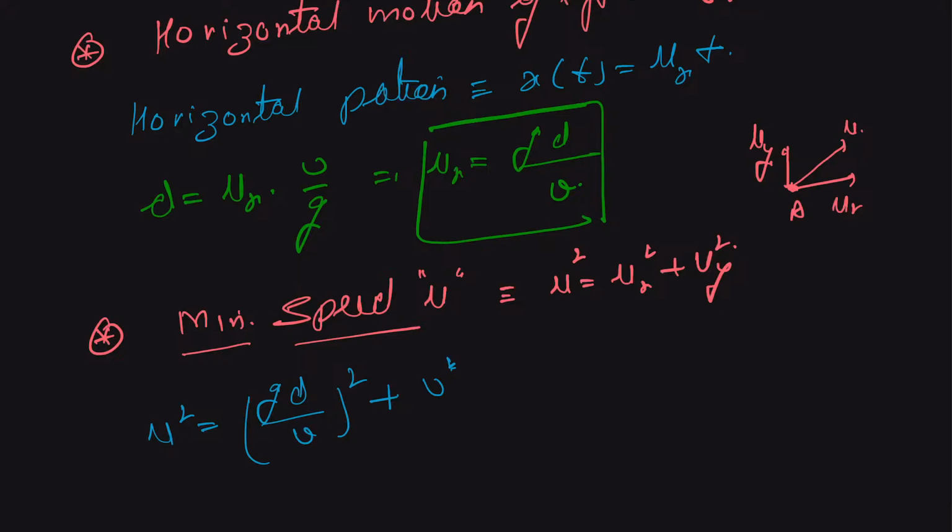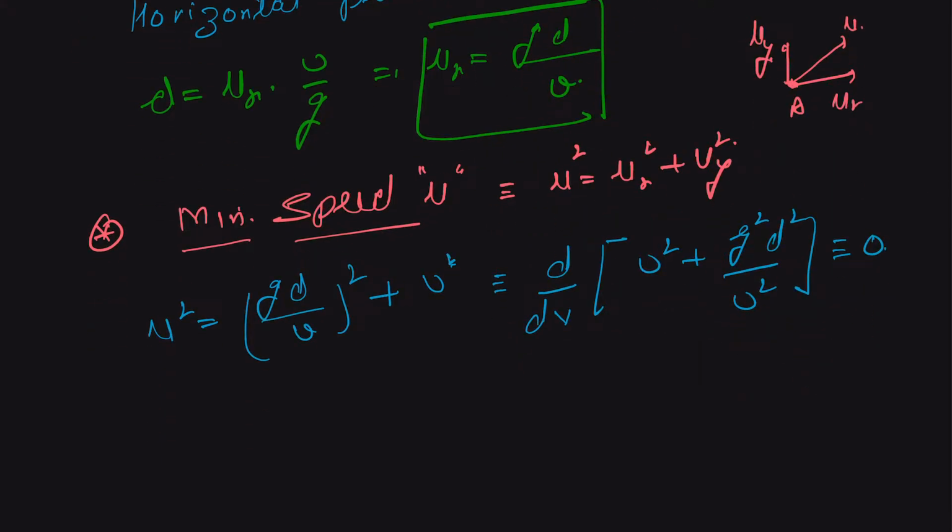Therefore we are going to minimize it with respect to v and equate it to 0. We can write d of u square by d v equal to the derivative of v square plus g square d square upon v square, and this we put equal to 0.